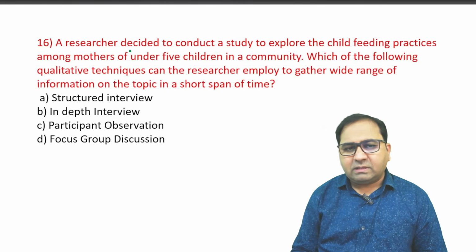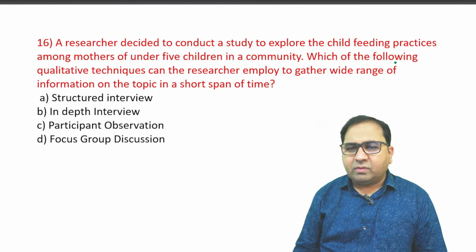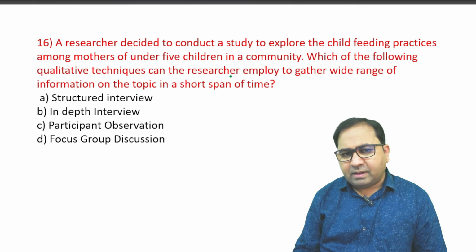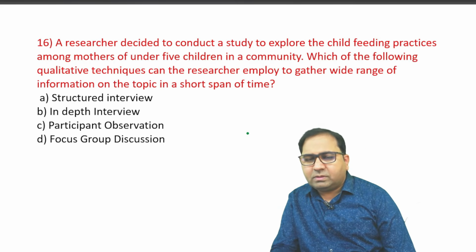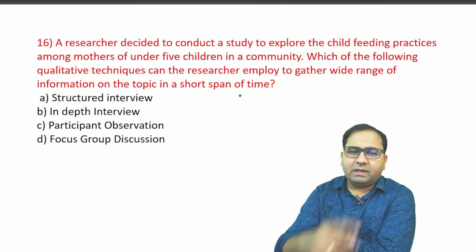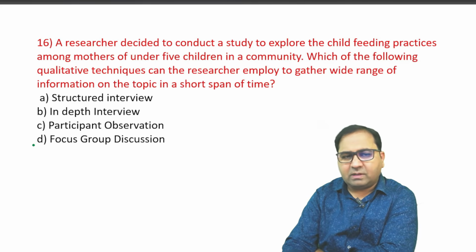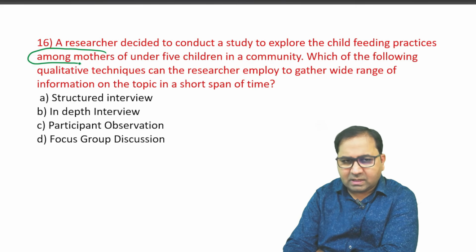Next question. A researcher decided to conduct a study to explore the child feeding practices among mothers of under 5 children in a community. Which of the following qualitative techniques can the researcher employ to gather wide range of information on the topic in a short span of time? The options are A, structured interview, B, in-depth interview, C, participant observation, or D, focused group discussions.